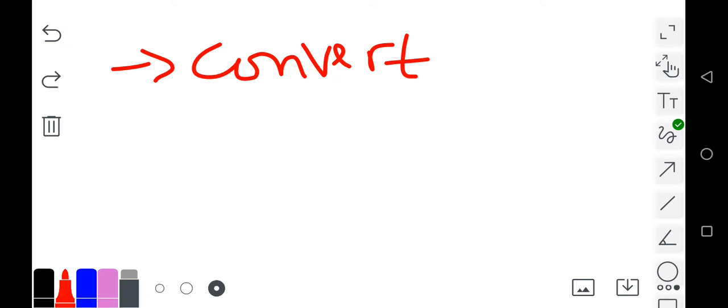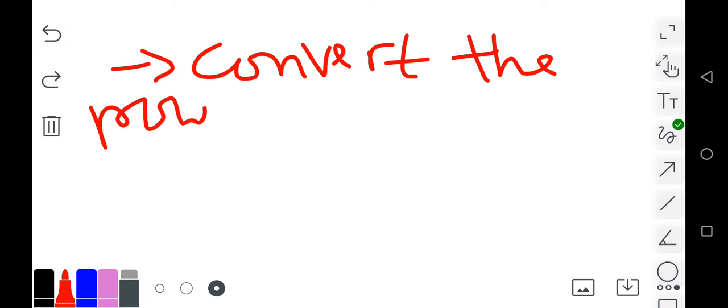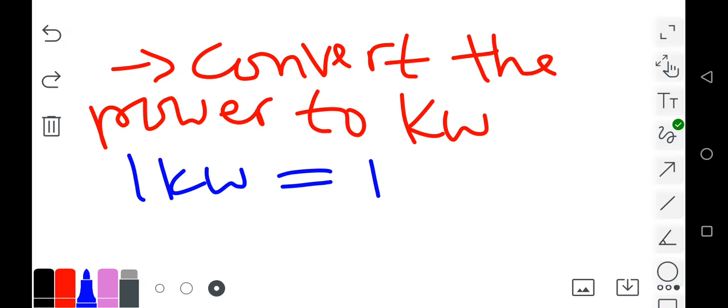the power to kilowatts. So we know that 1 kilowatt equals 1,000 watts.